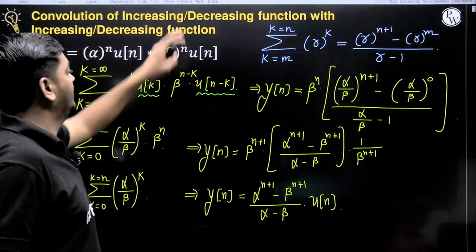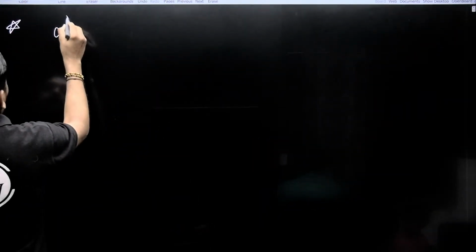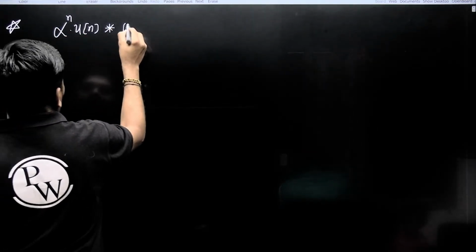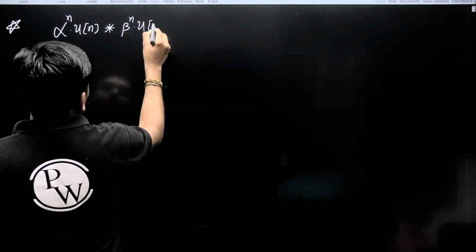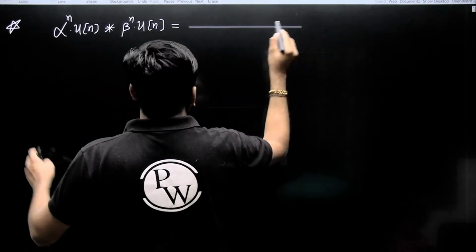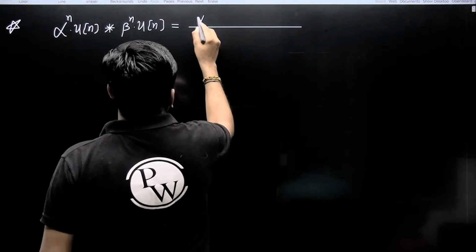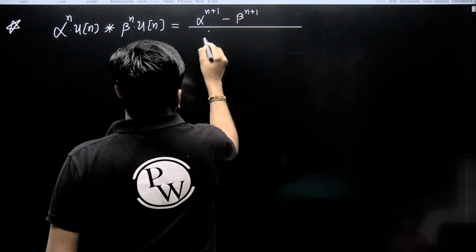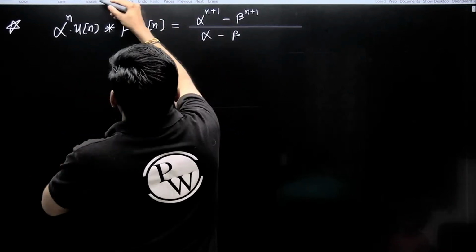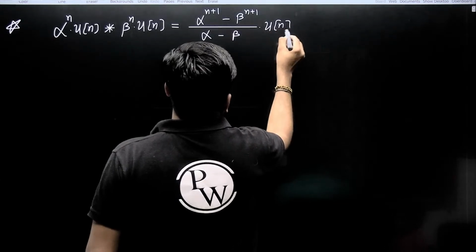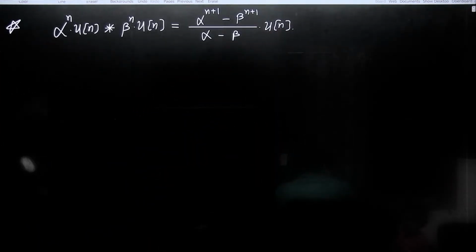Okay, now the important result: alpha power n into u of n convolution with beta power n into u of n is equal to alpha power n plus 1 minus beta power n plus 1 divided by alpha minus beta into u of n.